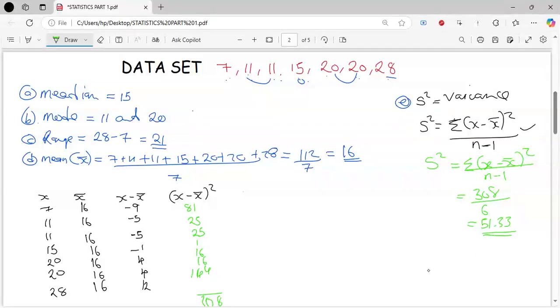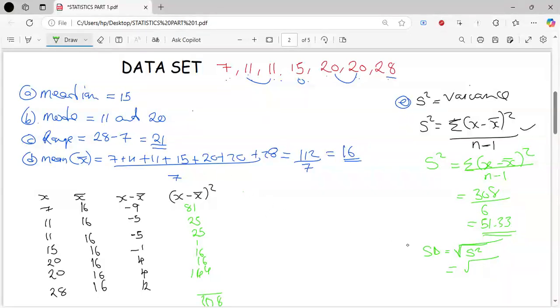So this is our variance. Now to find the standard deviation, we'll say SD is equal to the root of the variance. Now the value of variance is 51.33.